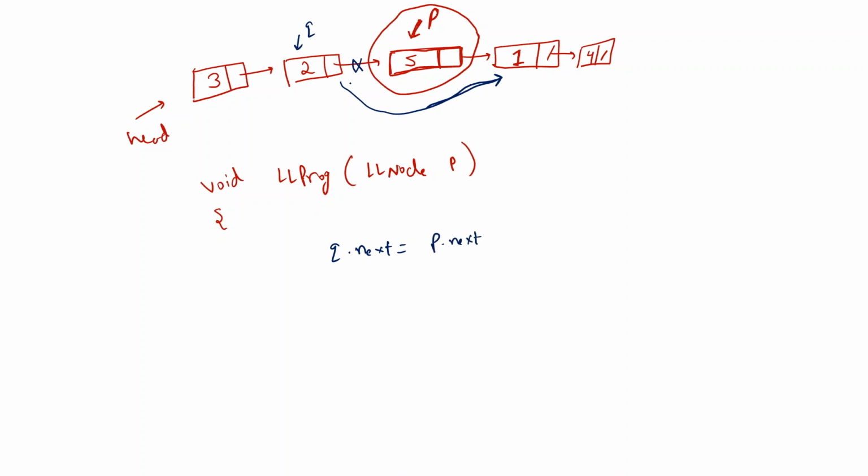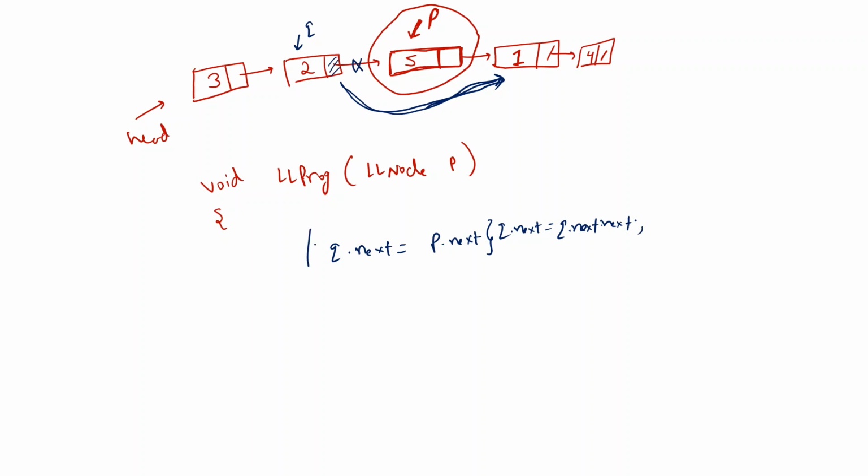That basically means you're changing this part, which was earlier this, now you're modifying it to this. So there will be a link created over here, something like this. Or I can even write this as q dot next is equal to q dot next dot next. Both things are the same, because p is equal to q dot next.